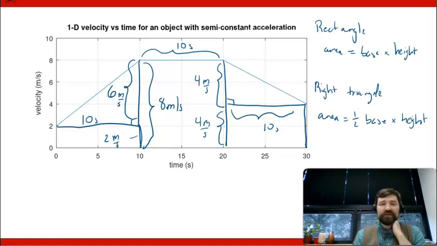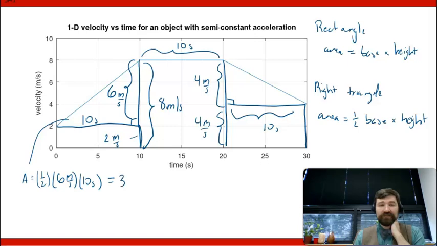This one right here, this portion has an area of A equals 1/2 times 6 meters per second height times 10 seconds base. So half times 6 is 3 times 10 is 30. So we have an area of 30 meters. This one right here has an area of 2 meters per second times 10 seconds, which is 20 meters.